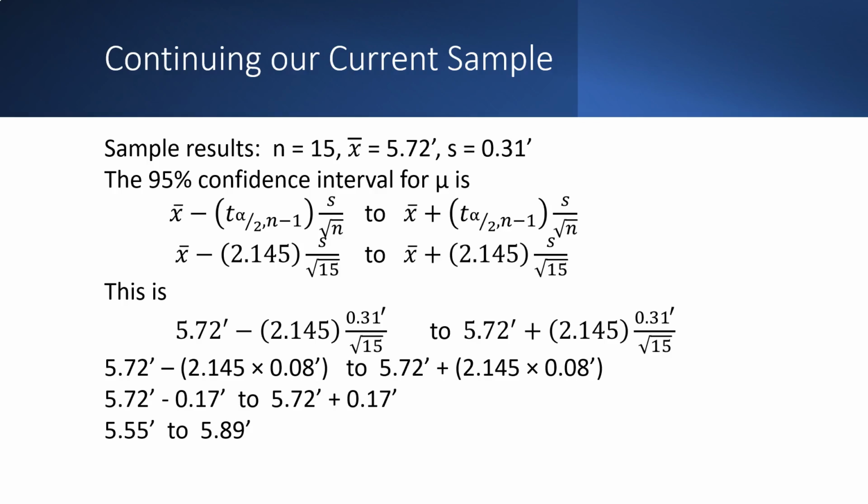So here I do 5.72 feet plus or minus that 2.145 that we looked up on the previous slide, times my sample standard deviation of 0.31 feet divided by the square root of 15, and I end up with a confidence interval of 5.55 feet to 5.89 feet.